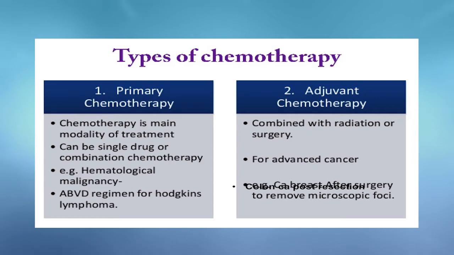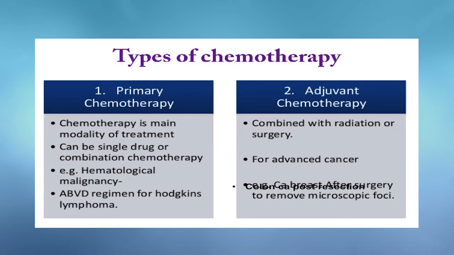Chemotherapy can be used as adjuvant. Adjuvant is in addition to another type of treatment, for example, adjuvant to surgery, adjuvant to radiation. The best example for that is breast cancer, where the patient could have mastectomy or lumpectomy, followed by chemotherapy and radiation. If chemotherapy is given after the surgery, it's called adjuvant treatment.